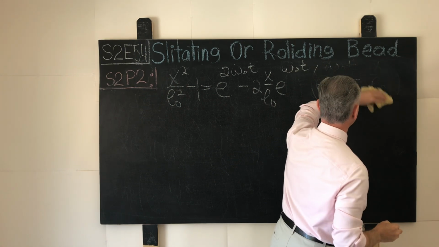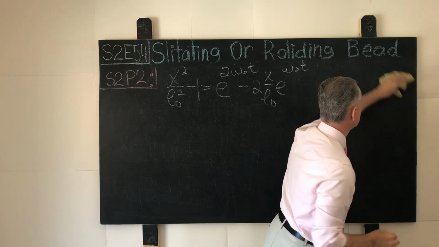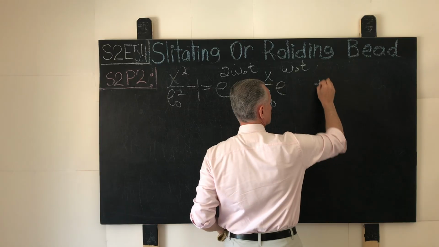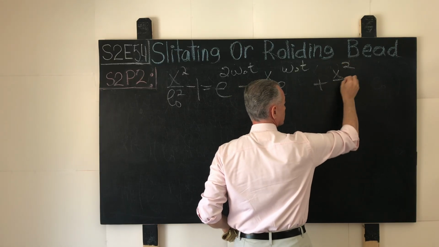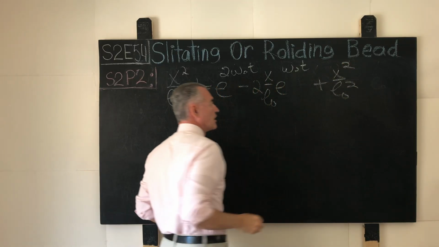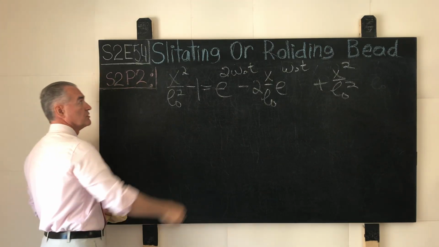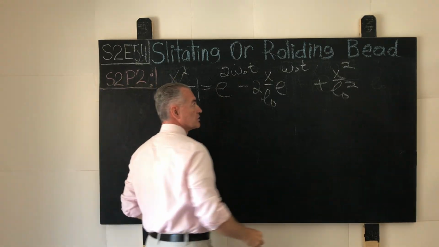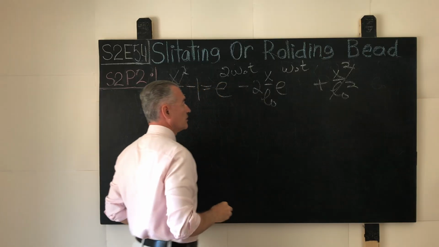Plus the square of the ratio of our usual suspects, x squared over L0 squared. What do we see now? The ratio of squares cancel themselves out.